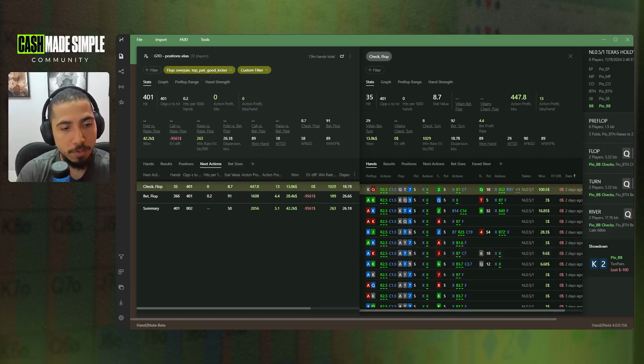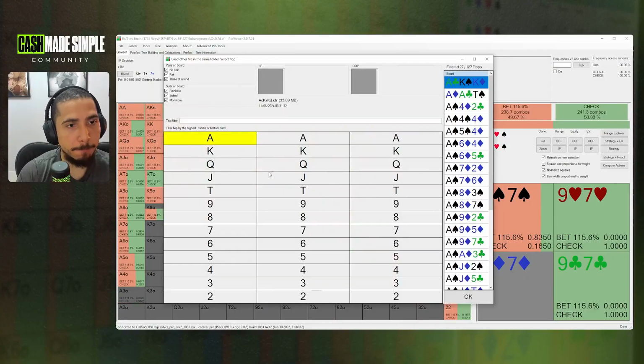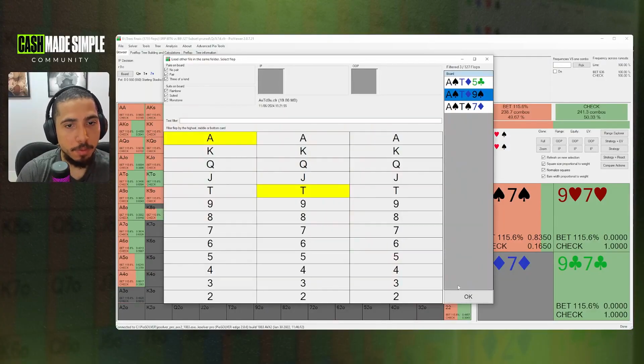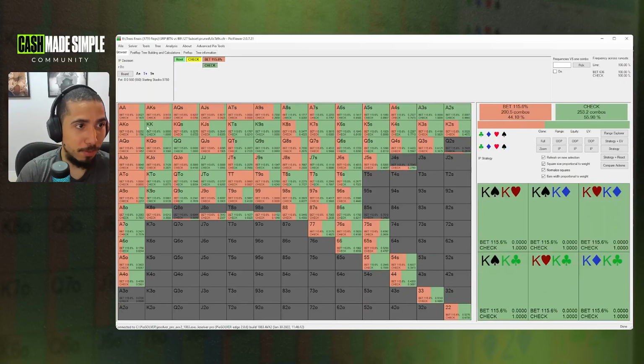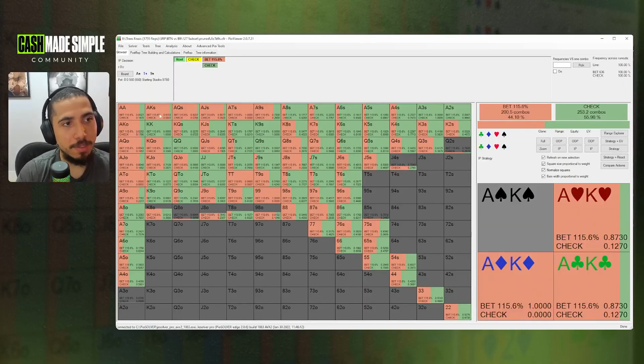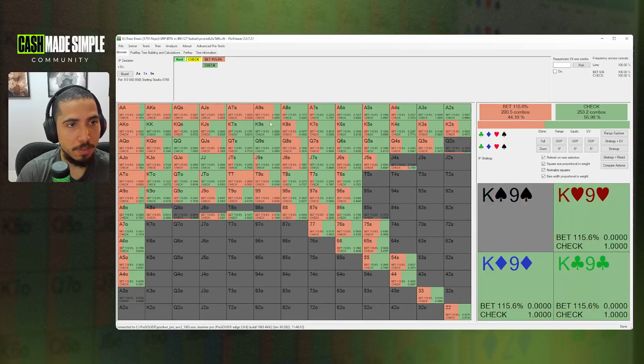This might come as a surprise to a lot of you, but this is simply following the pillar of GTO, where you get to slow play the king a little bit, because on the next street your opponent is supposed to check with king highs. So you can see here, ace king, we are checking about 26% of the time.